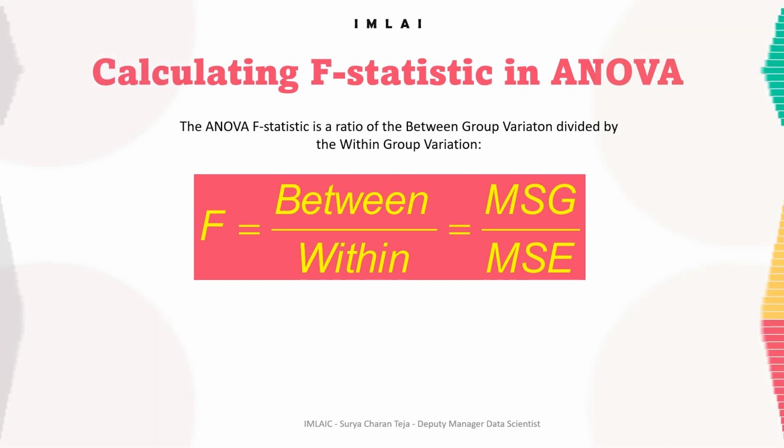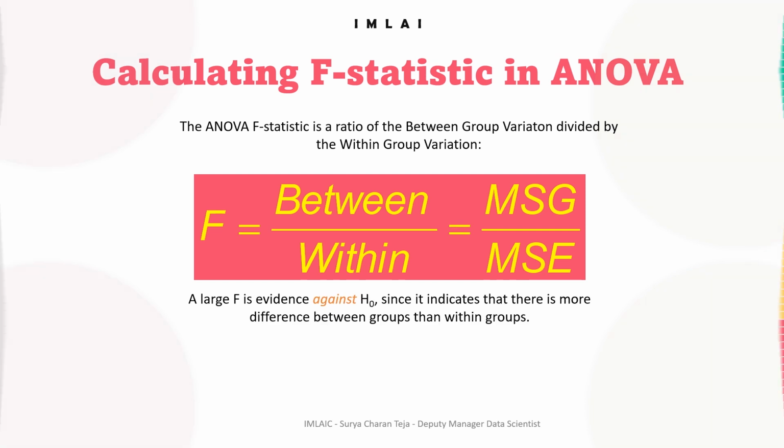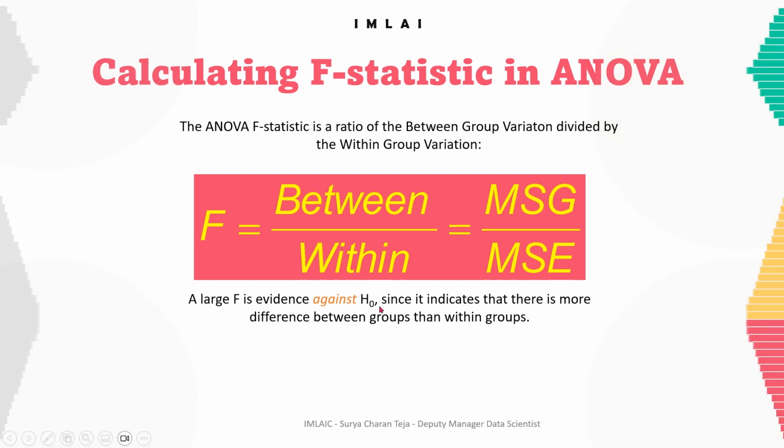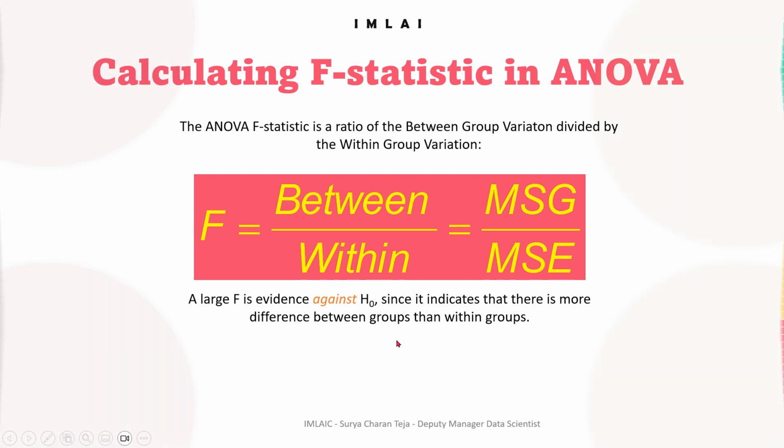Once you have calculated your F statistic, a large F is evidence against the null hypothesis, since it indicates that there is more difference between groups than within groups.